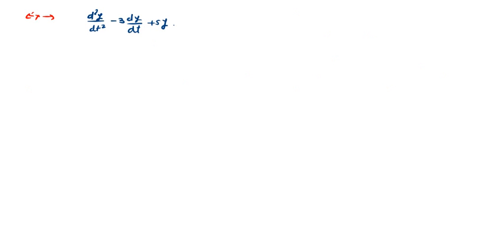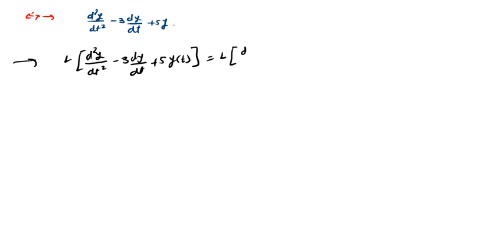Suppose in this example we want to find the Laplace transform of this given differential term. So what we'll do, we will take Laplace over it. This will be Laplace of d2y by dt square minus 3 dy by dt plus 5 y, which is nothing but a function of t.